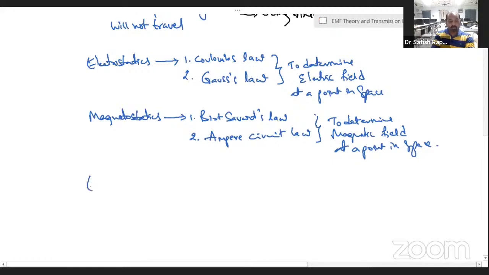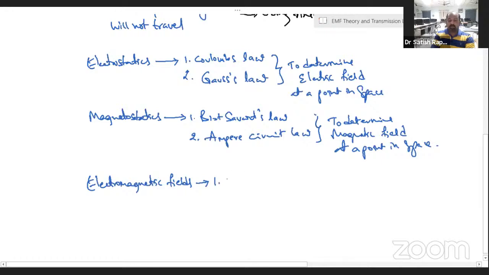And similarly, electromagnetic fields also revolve around two basic principles.